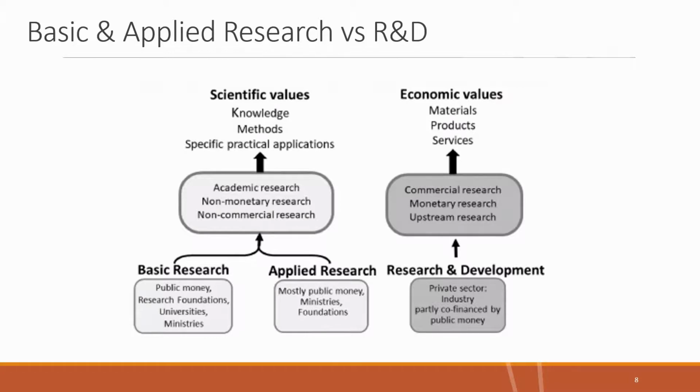But for R&D, the funding source can be the private sector, like industry, or for some important R&D research, we can see collaborations between companies and universities. In that case, the source of money can come from different partners.